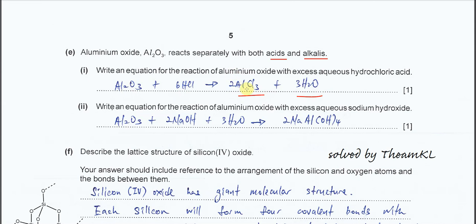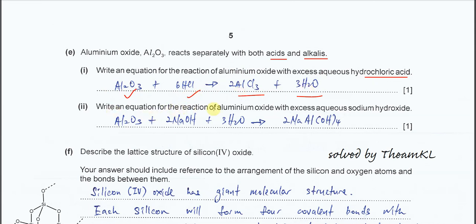The salt that forms depends on the acid. If we use HCl, then it will form AlCl3. If we use HNO3, then it will form Al(NO3)3. It depends. If it is hydrochloric acid, it's going to be this equation. Oxide with acid forms salt and water.